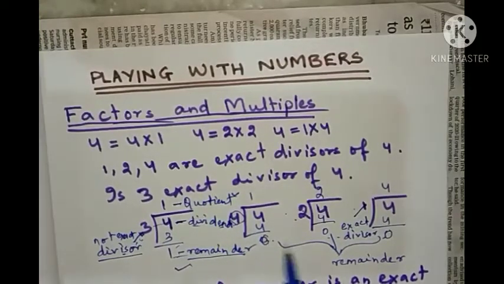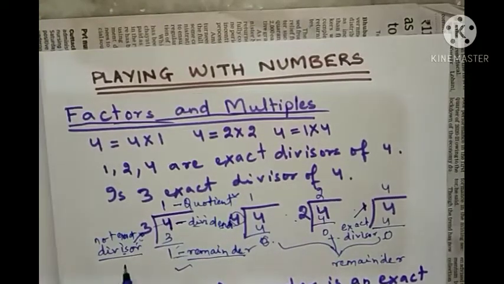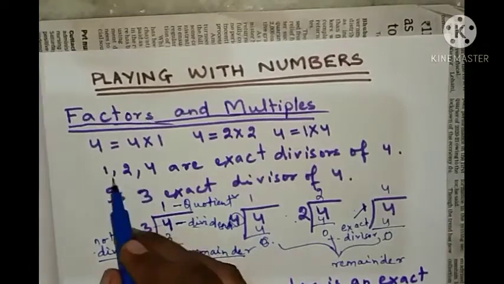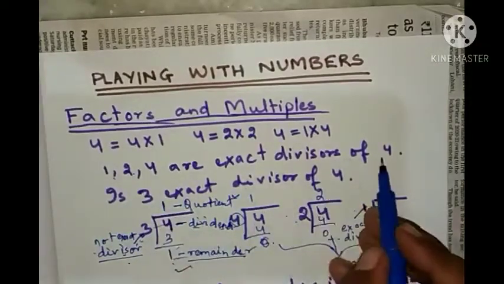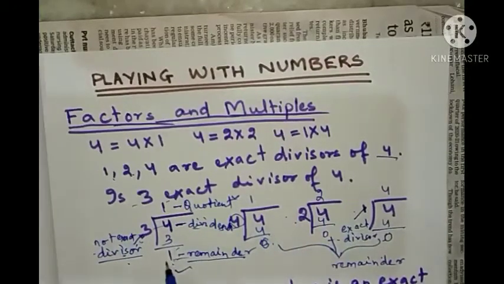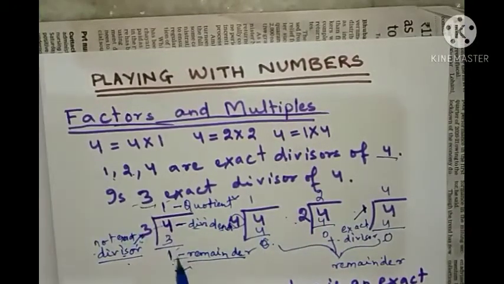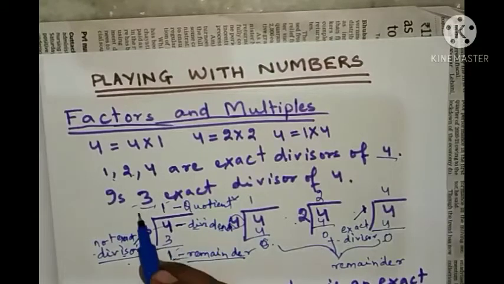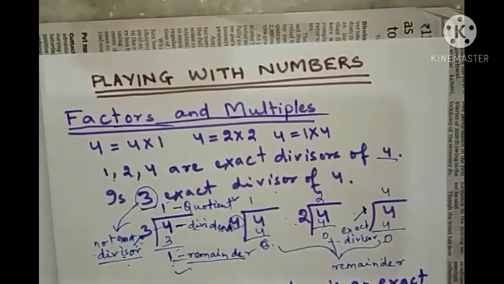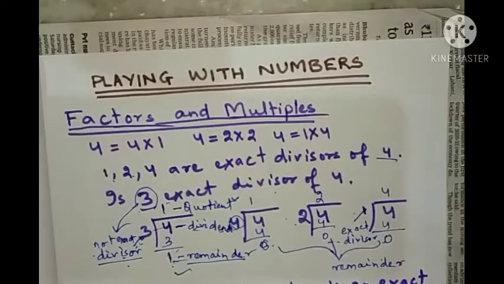Where you got 0 as a remainder. Where you do not get remainder 0, that is not an exact divisor. So 1, 2, 4 are exact divisors of 4. Is 3 an exact divisor of 4? Look, with 3 are we getting 0 remainder? No. So that's why 3 is not an exact divisor. So this is about divisors.